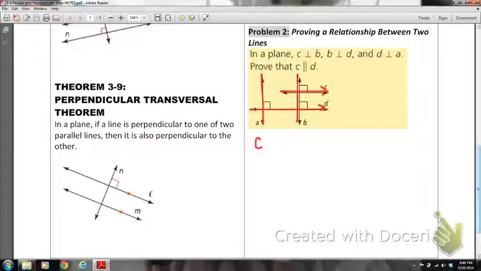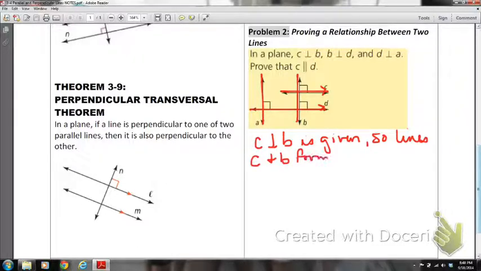We know that line C is perpendicular to line B. That's given. So lines C and B form right angles by the definition of perpendicular lines.